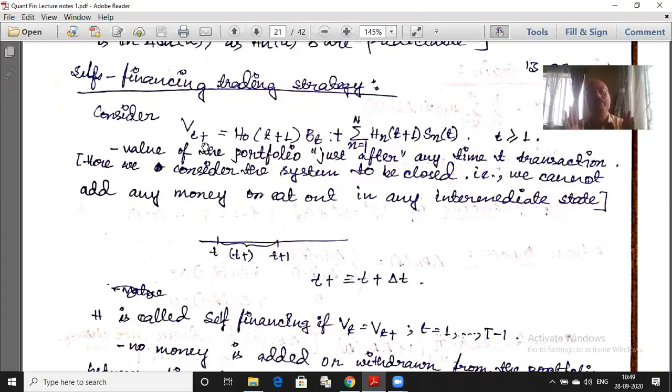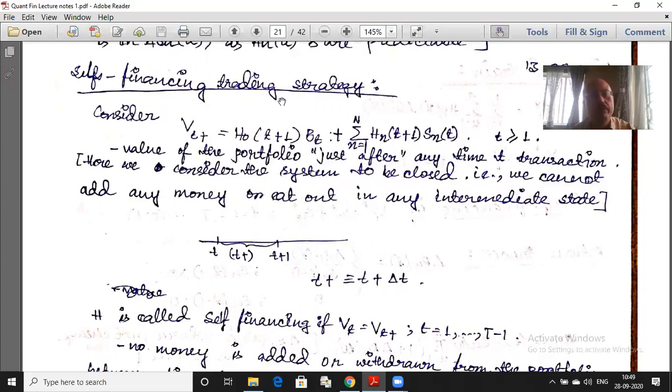In continuous time, these things make sense very well, but in discrete time, I have to be careful because there is actually no real time between. So the time t plus is like that overnight time. What should be the value of my portfolio overnight? Notionally, I have all the information from time t, so I am able to calculate h t plus 1, because h t plus 1 is decided at time t.